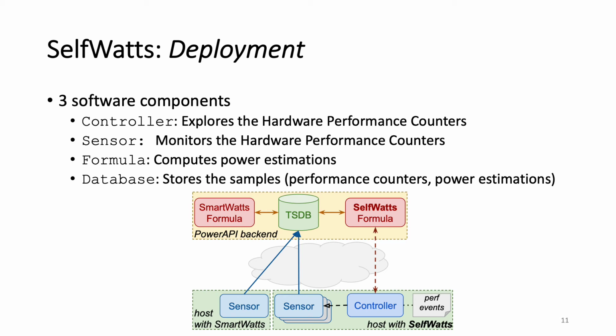The controller has to be deployed on every node you want to monitor. It will send its samples to the database, where the power meter will pull the samples to compute the power estimation of the running containers, and it will also send control events to the controller when it needs to change its events.